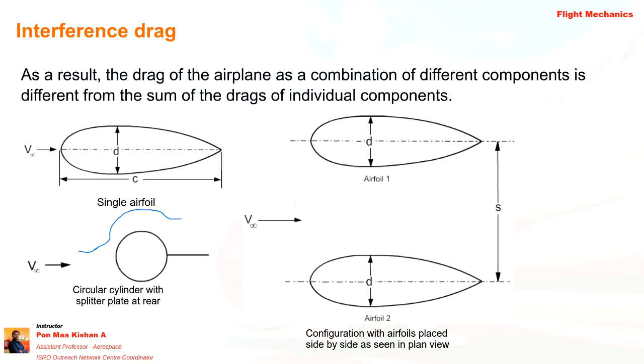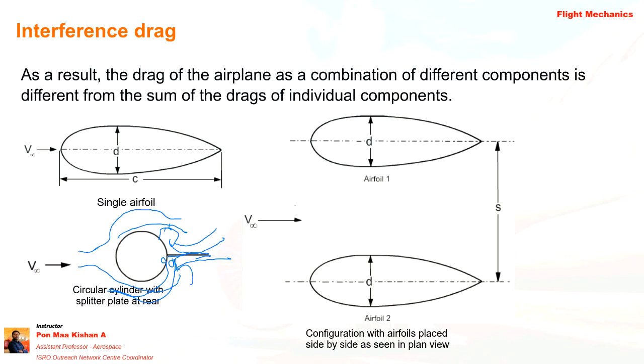It will create vortices a little bit, like this. If we keep one plate, the vortices will be avoided and the flow will be deflected. The upper flow and the lower flow will be deflected. So we are changing the flow pattern from one object to another object.